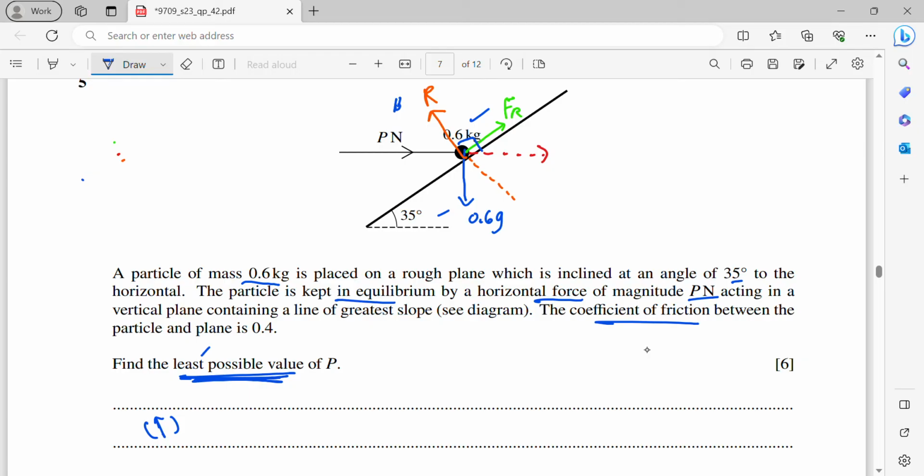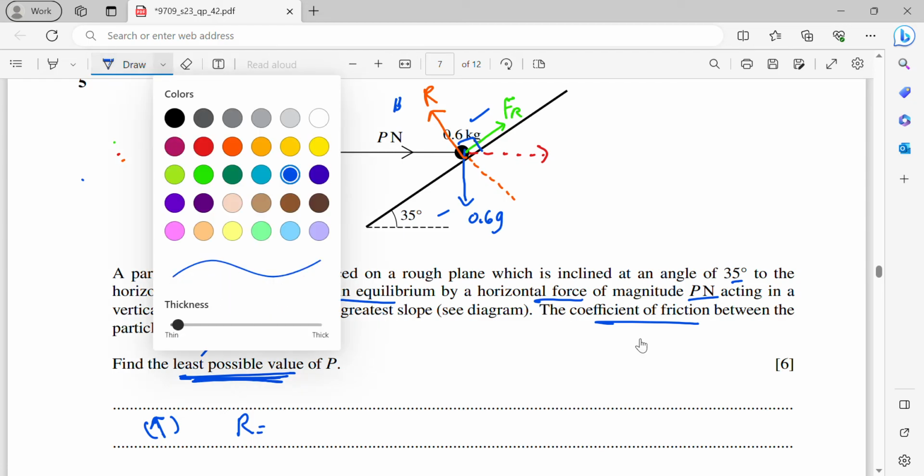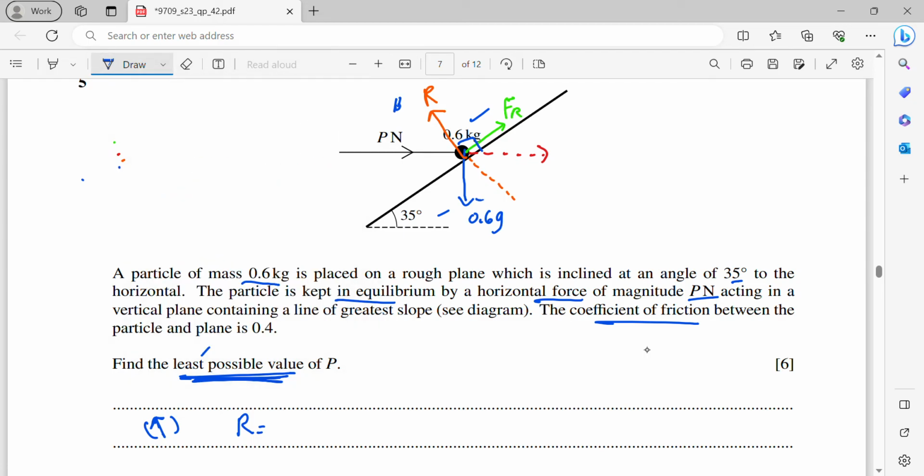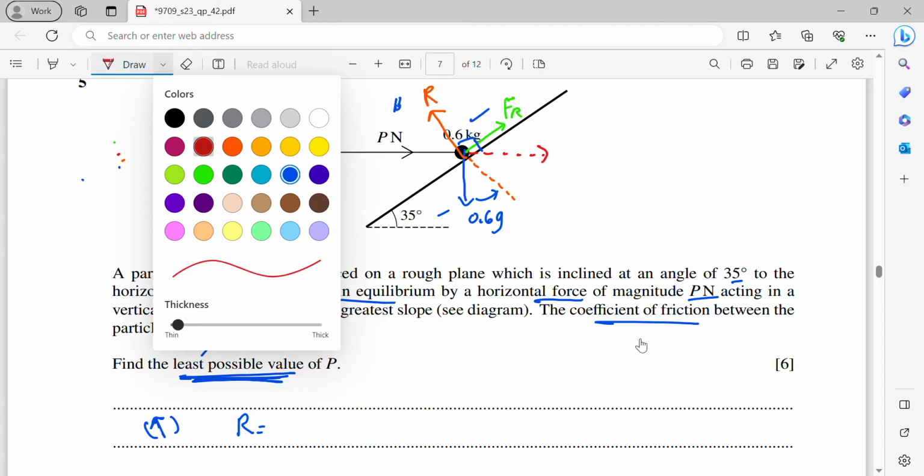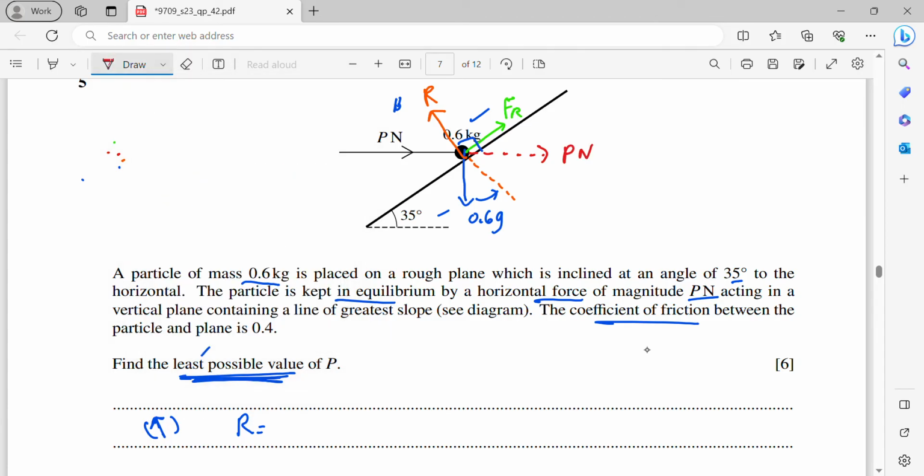I will get R, because I take pointing up as positive. So R equals, now when you resolve like this, I have to resolve my weight. And this is my P Newton. I also have to resolve my P Newton, because all of this will be perpendicular to the plane.